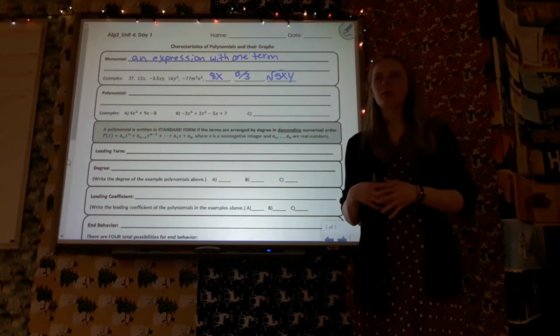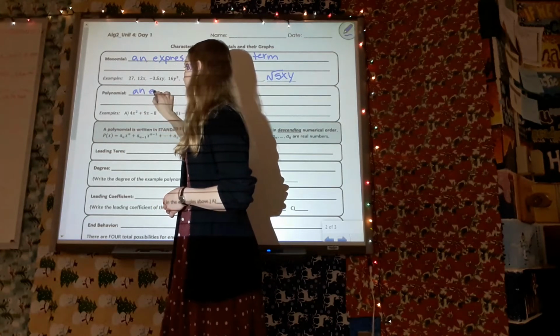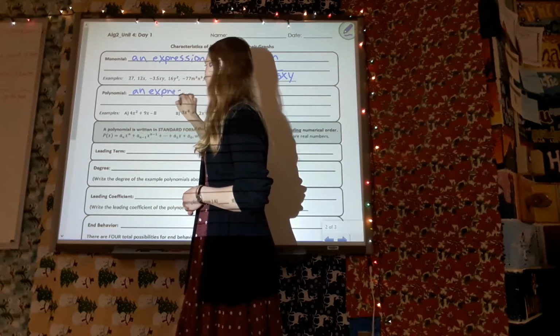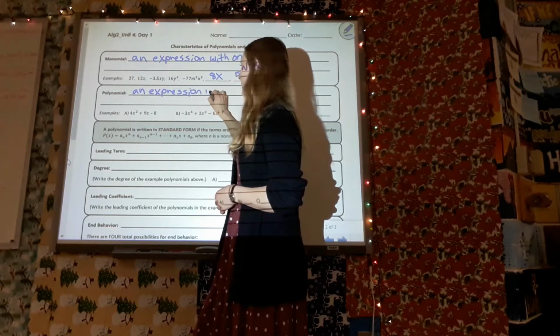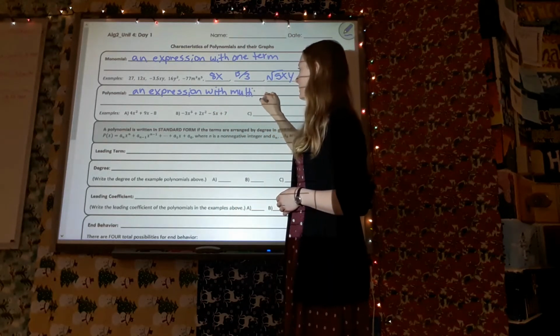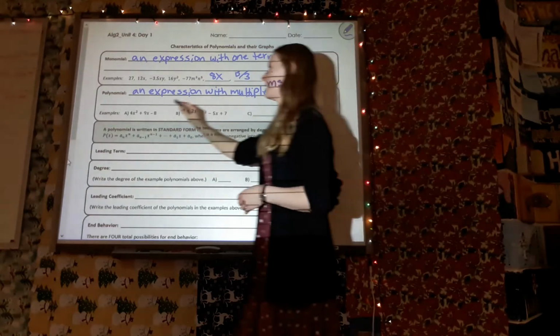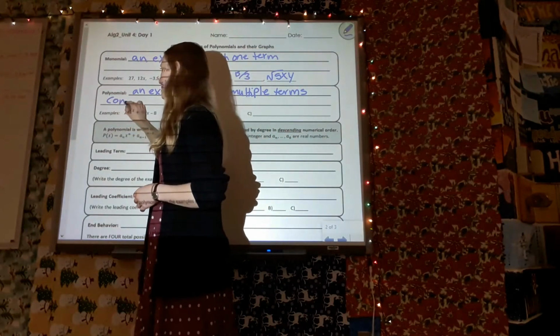So that's what we're going to be focusing more on in this unit. A polynomial is an expression with multiple terms connected by addition or subtraction.